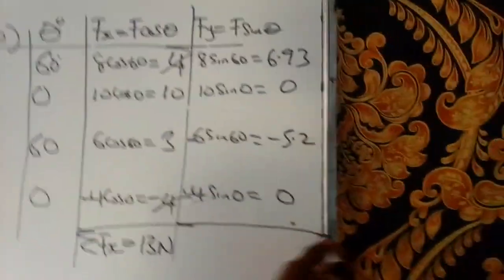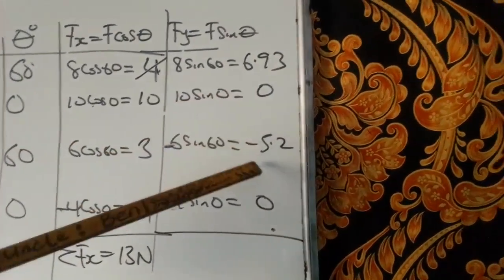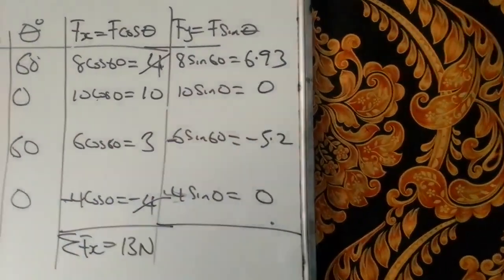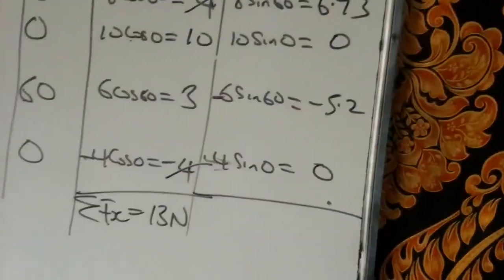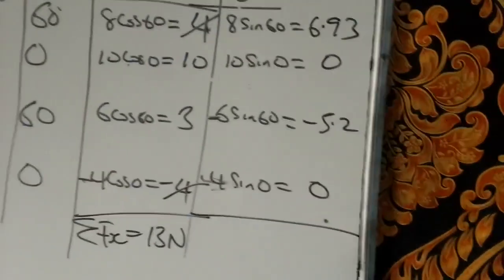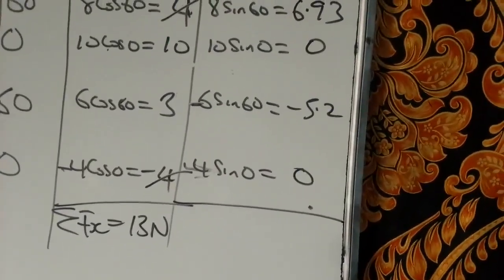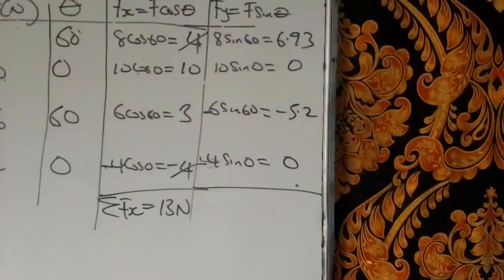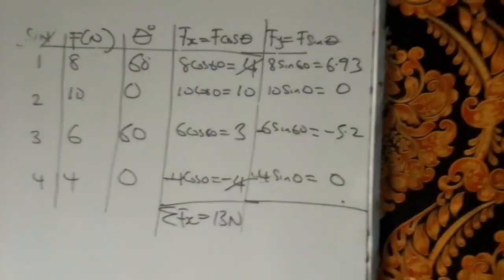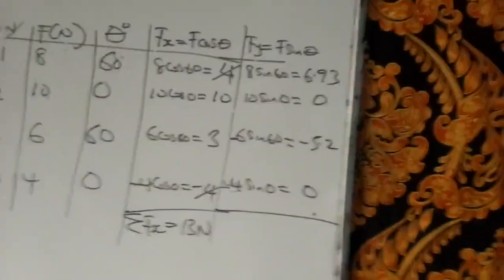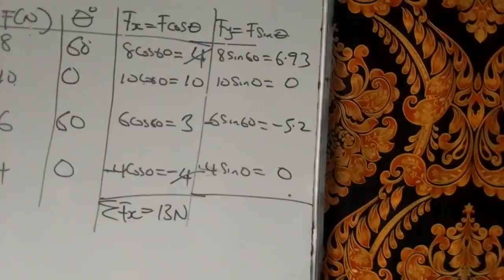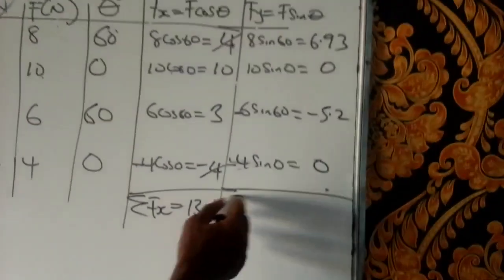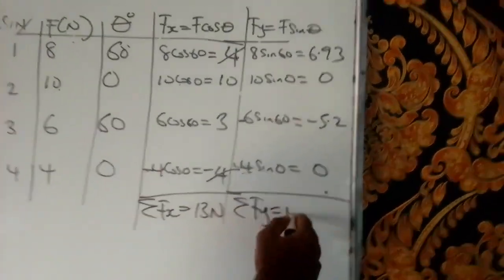And then for this one, 6.93 plus 0, then minus 5.2. 6.93 minus 5.2 gives us approximately 1.73 as our F of Y, 1.73 Newton.